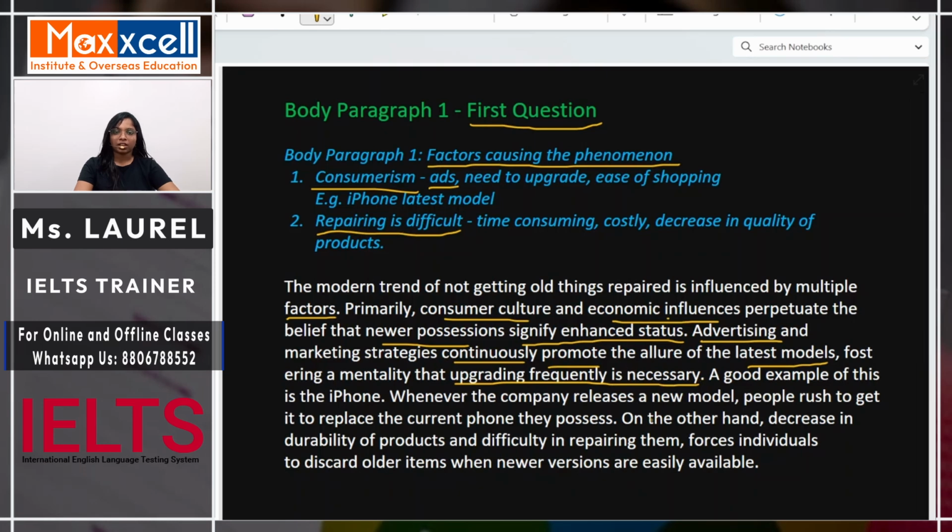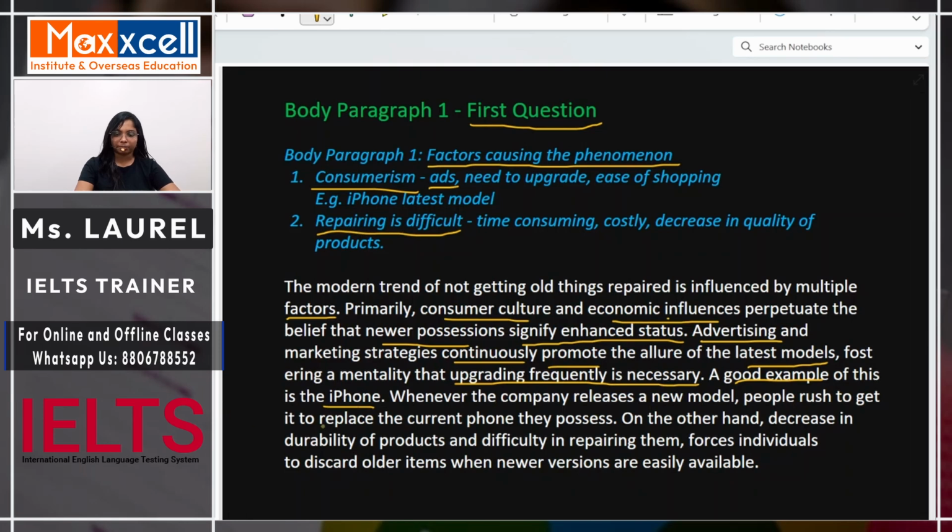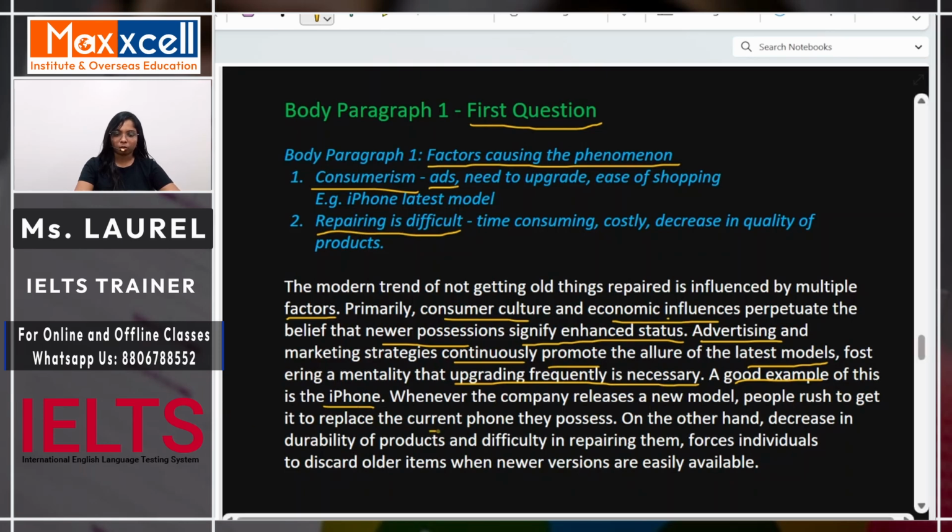Okay, so everybody is kind of put into this box where they feel that they need to upgrade all the time. A good example, so now directly we have moved on to the example here. A good example of this is the iPhone. Whenever the company releases a new model, people rush to get it to replace the current phone they possess, right?